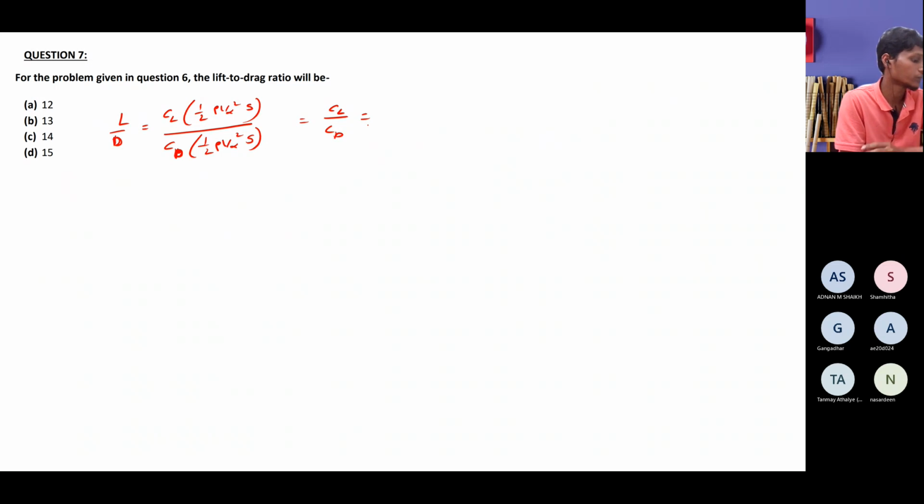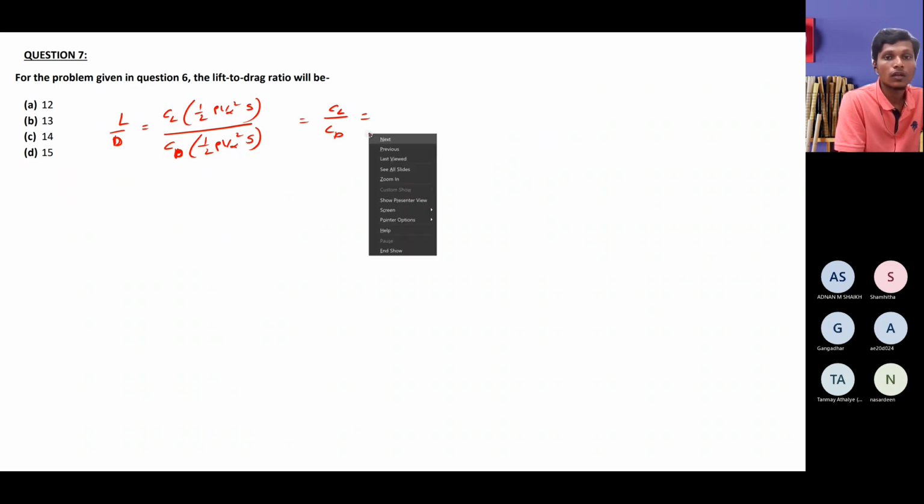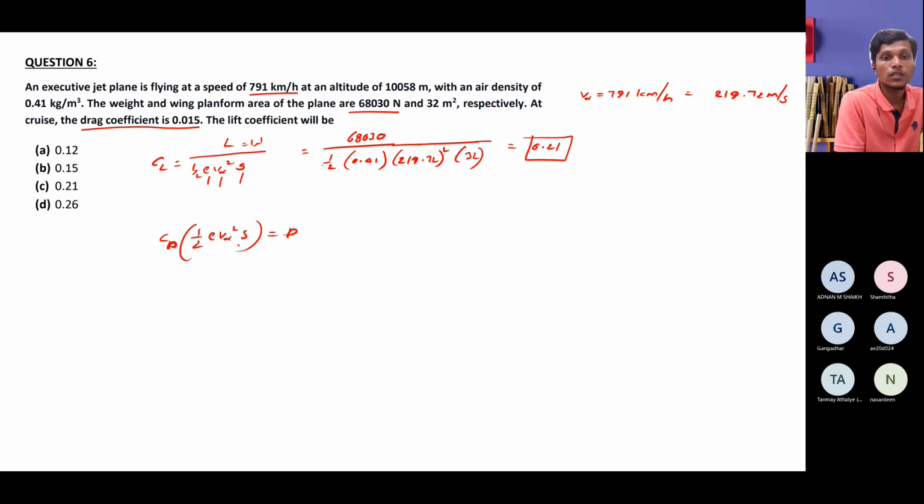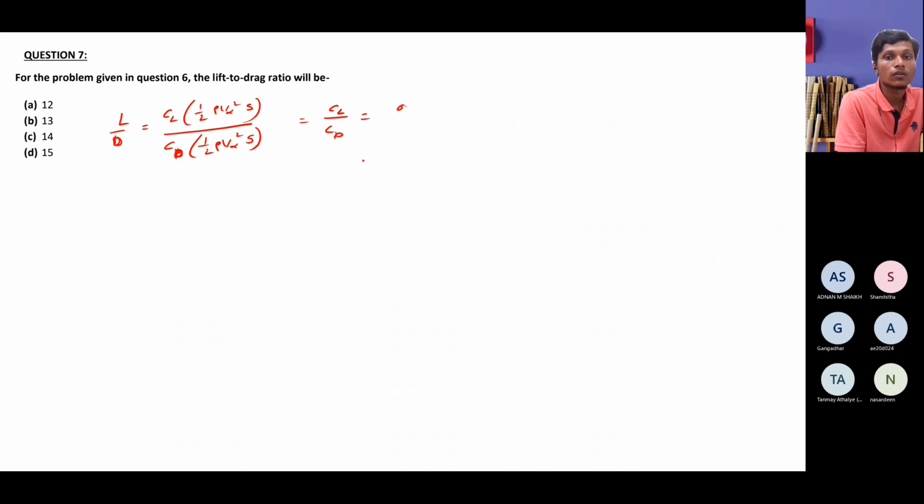What is your CL? CL is 0.21 and CD is 0.015, so 0.21 by 0.015. This is question number 7. You will get CL by CD equals 14.